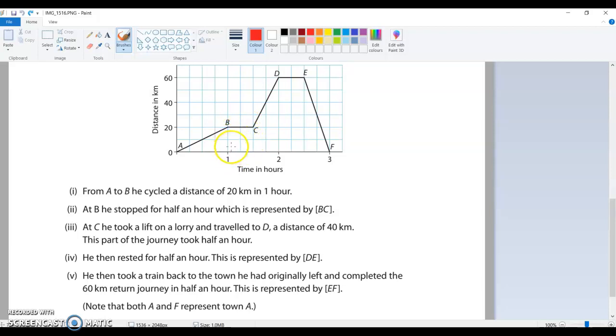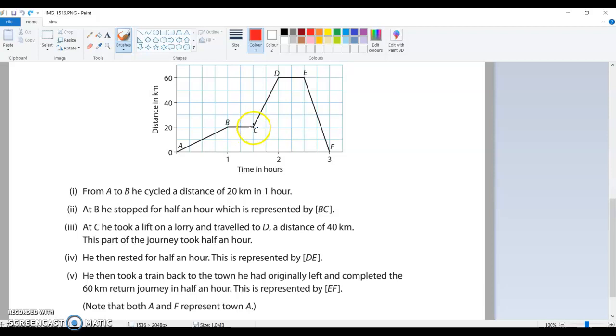How long has he stopped for? Well, every 4 boxes is 1 hour on the x-axis. So between B and C is 2 boxes out of 4. So 2 out of 4 is a half. So that's half an hour or 30 minutes. So he stopped for 30 minutes.